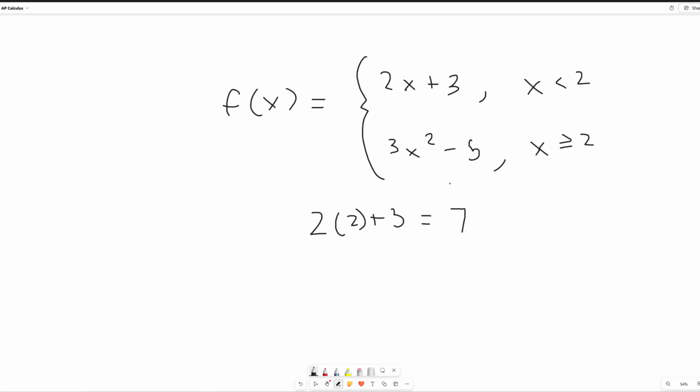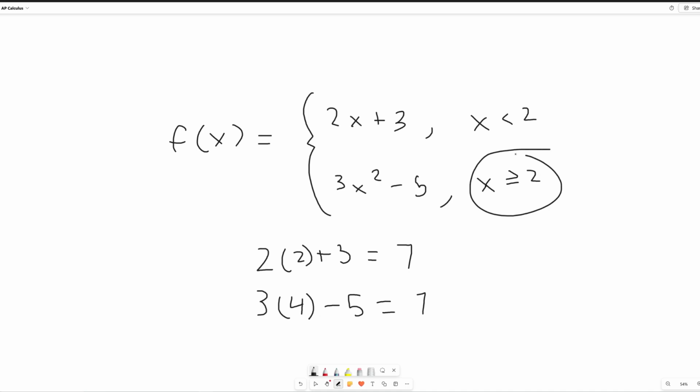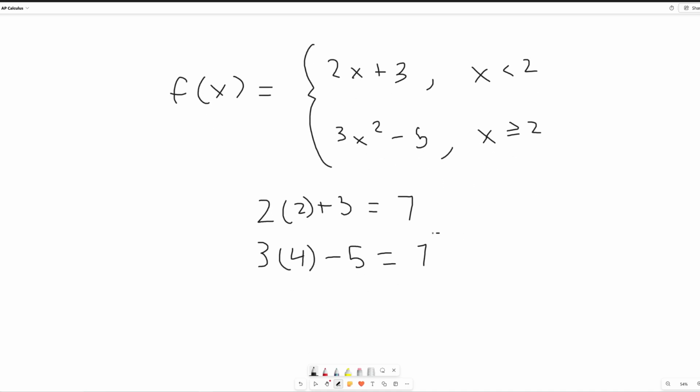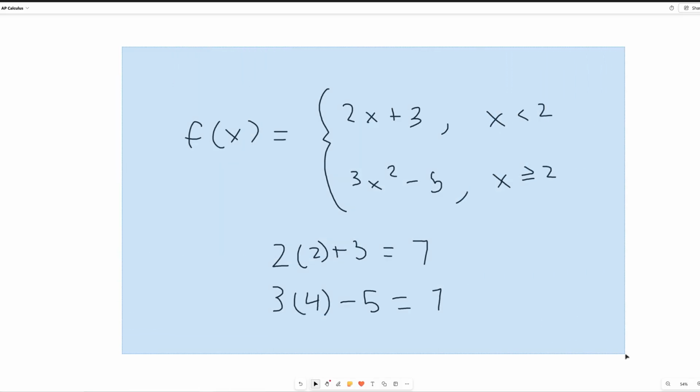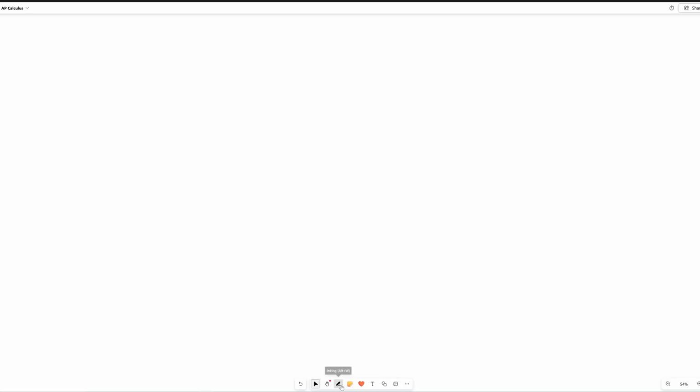Limit as it approaches it from the right, 3 times 2 squared, which is 4, minus 5, which equals 7. And then since x is greater than or equal to 2 at this point, it's going to be the same thing for f of 2. f of 2 will also equal 7. Thus, it is continuous here. This is a very common problem to be asked on the test.